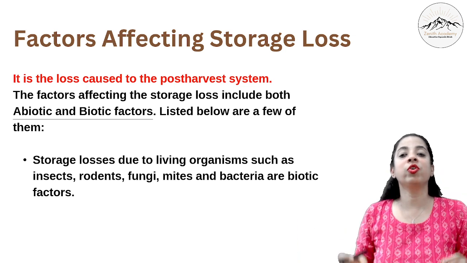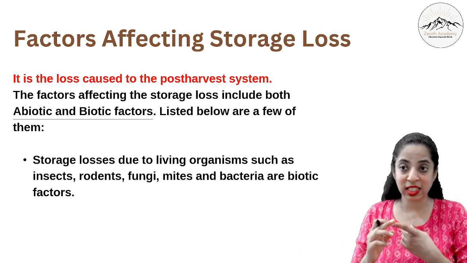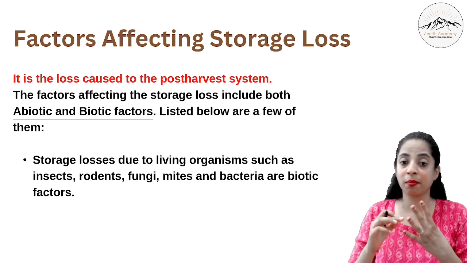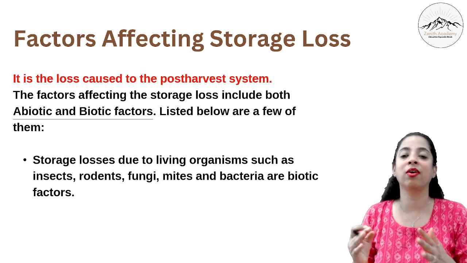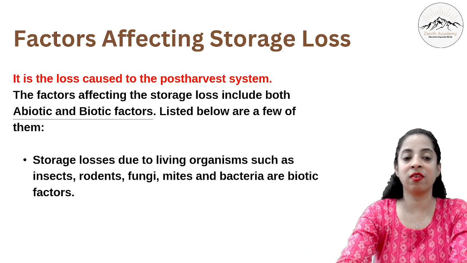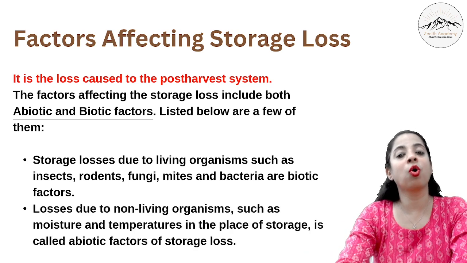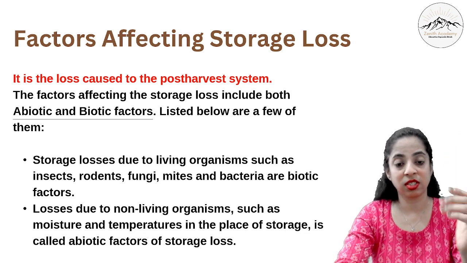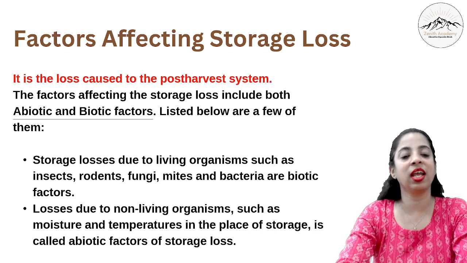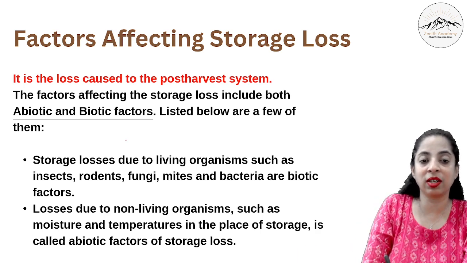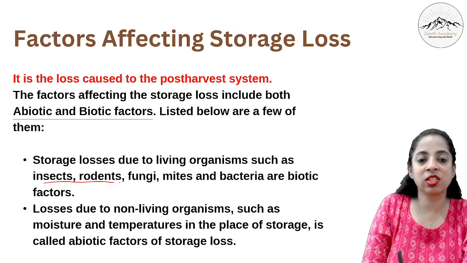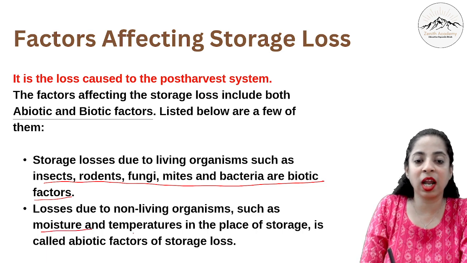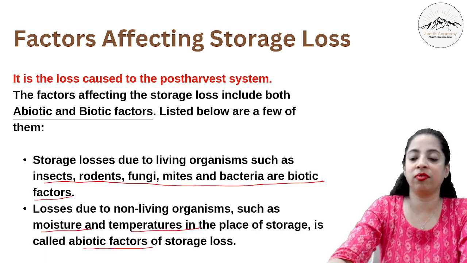Now storage loss due to living organisms such as insects, rodents like rats, mice, etc., fungi, mites and bacteria are biotic factors. You must have understood now. Now losses due to non-living factors such as moisture, water, temperatures in the place of storage are called abiotic factors. So two factors, biotic and abiotic. So insects, rodents, fungi, mites, bacteria are biotic factors, whereas moisture and temperature are the abiotic factors for storage loss.